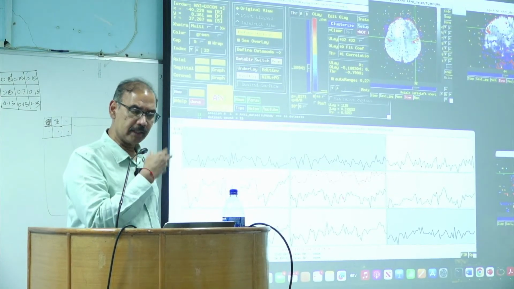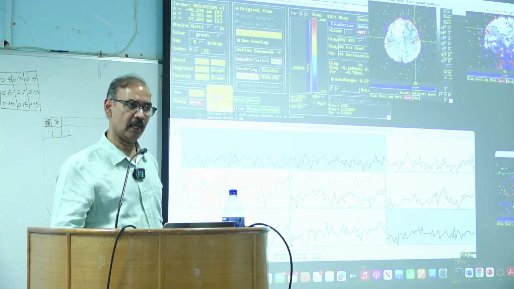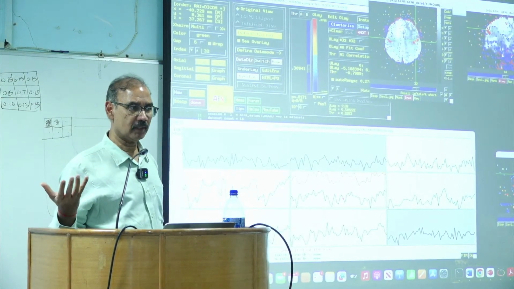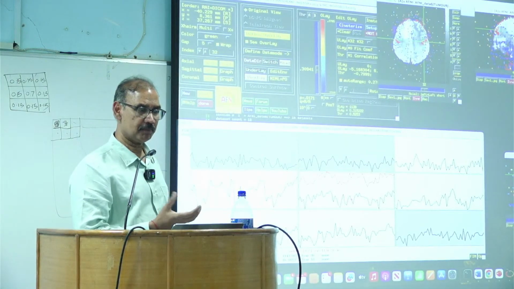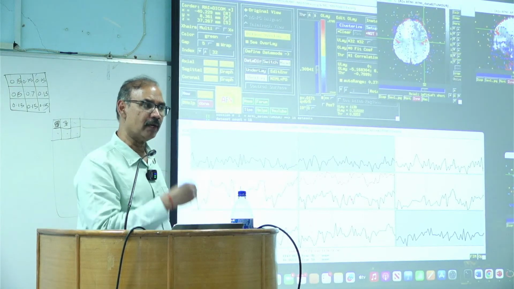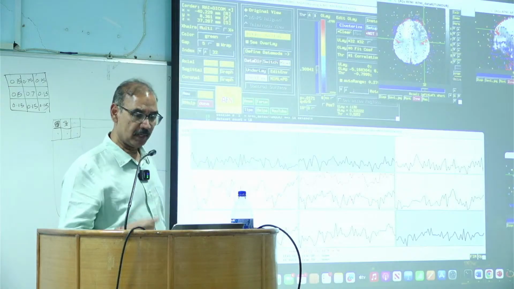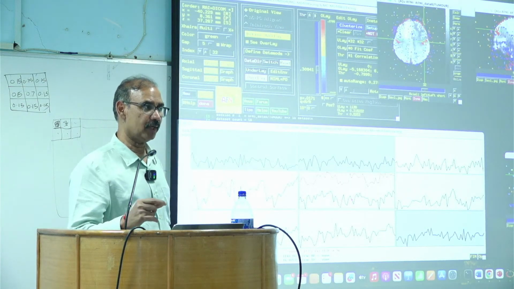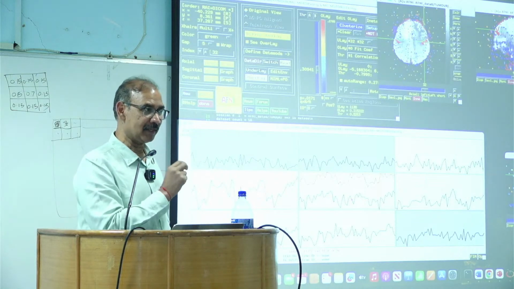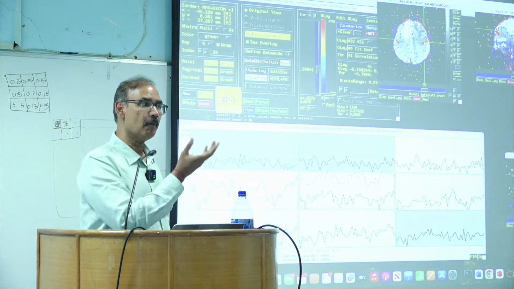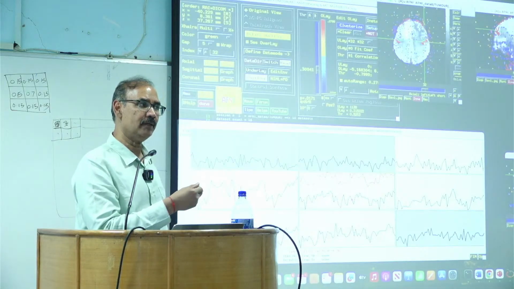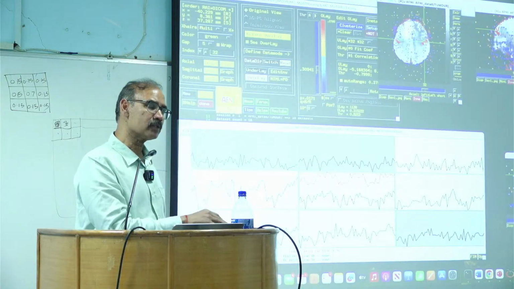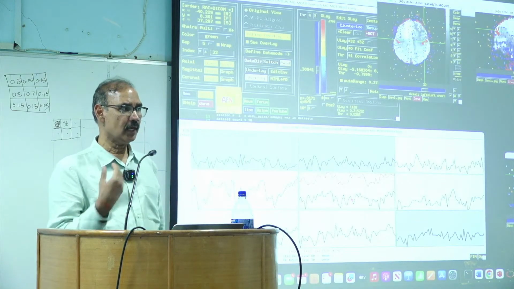So another limitation of ICA or PCA is that, like in GLM, you know what the signal source is, so you model it and you see the response, right? In this case, you have to look for these components, and by looking at these components, you have to decide whether these are signal sources or noise sources, and then decide.